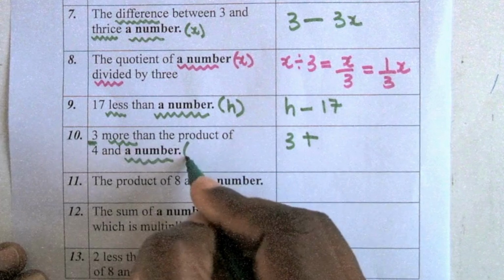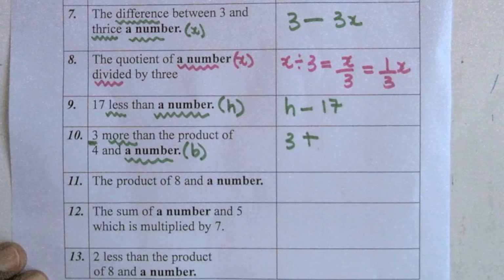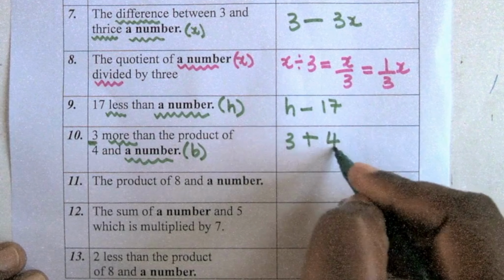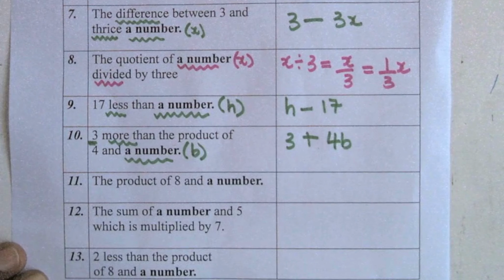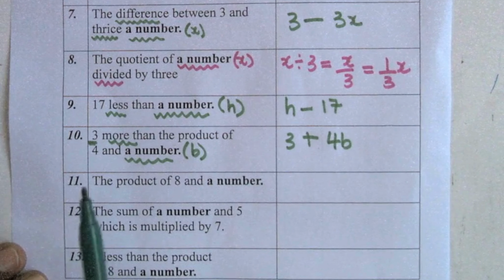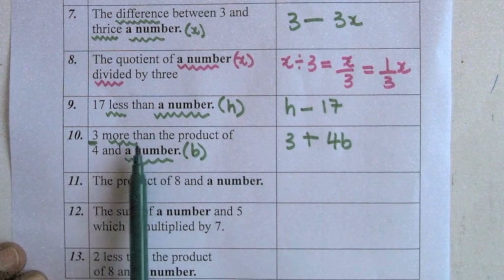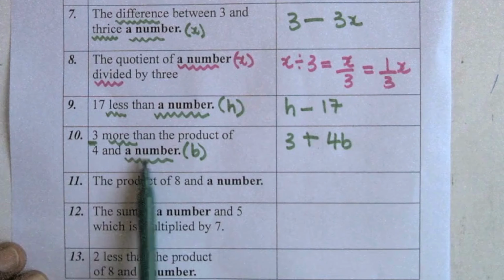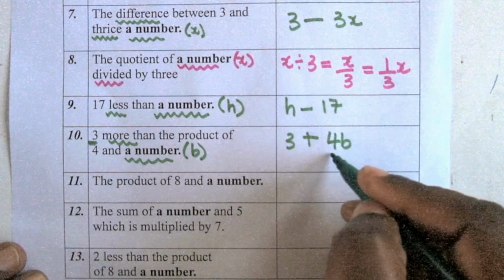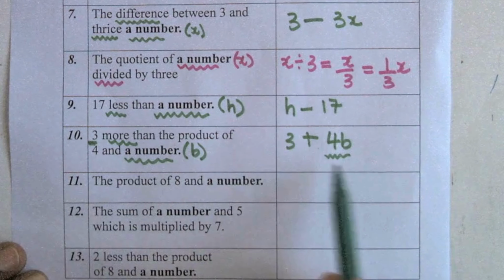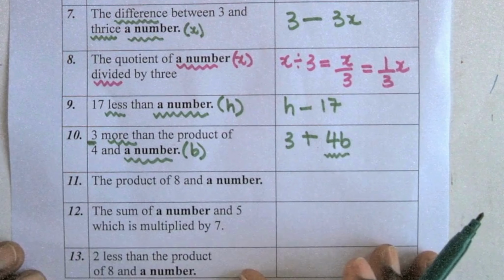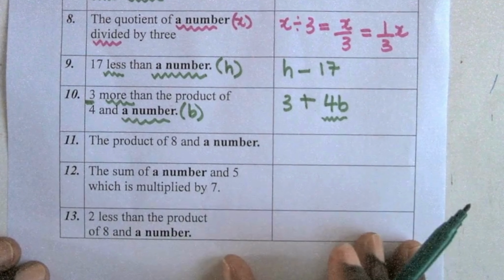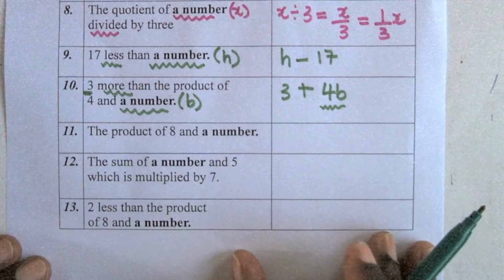Let's call this number here B. So if I connect here, I'm going to get 4B. Let's read this question carefully. 3 more than the product of 4 and a number. So this part here is representing the product of 4 and a number, and our number is represented by the letter B.